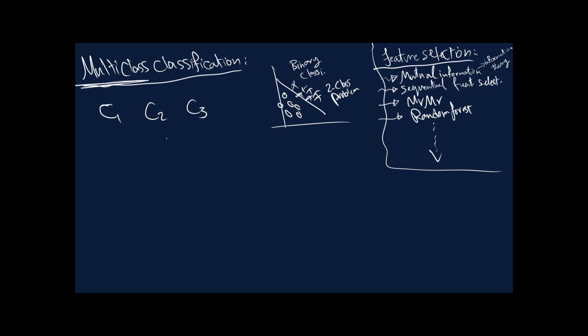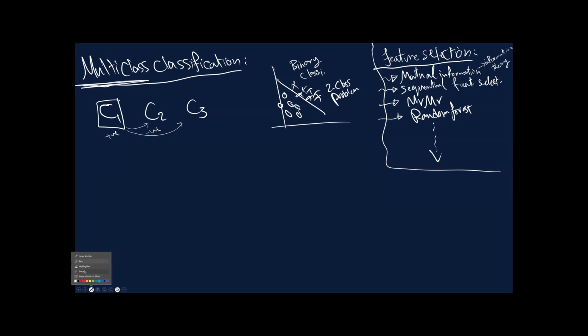We could say that this is the positive class. We would have a classifier that considers this as the positive class, and it would consider C2 and C3 to be negative. So it will be a binary classifier just considering this to be the positive class, okay?